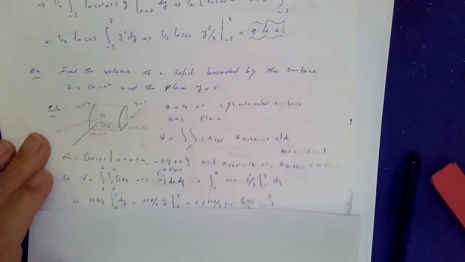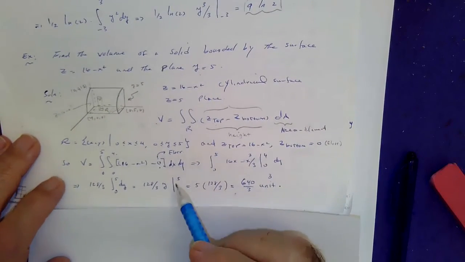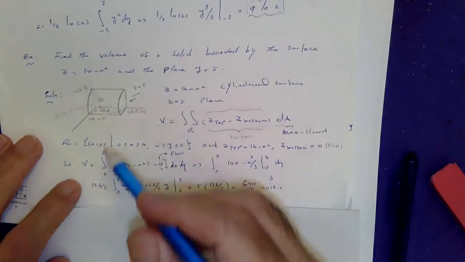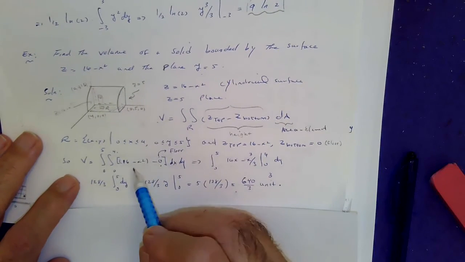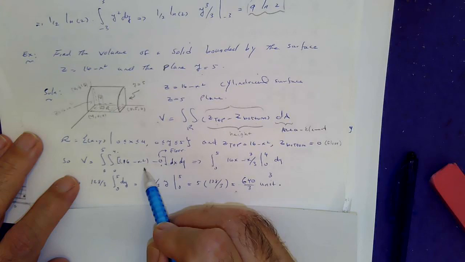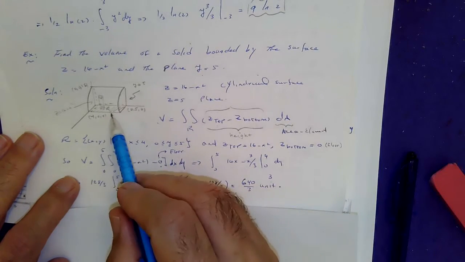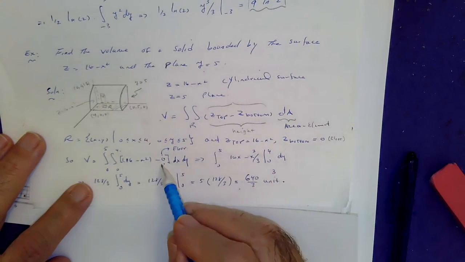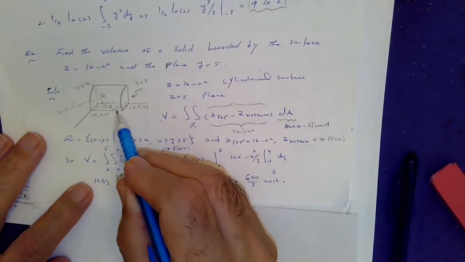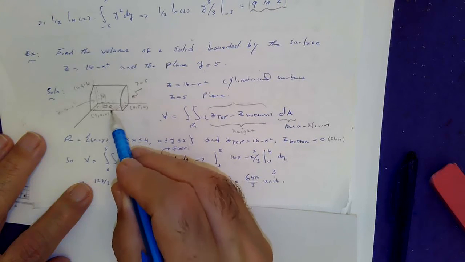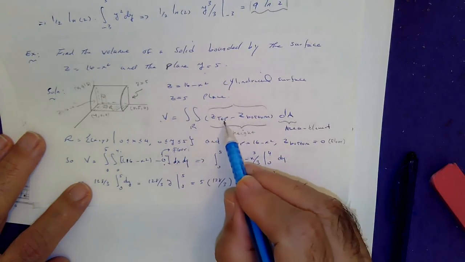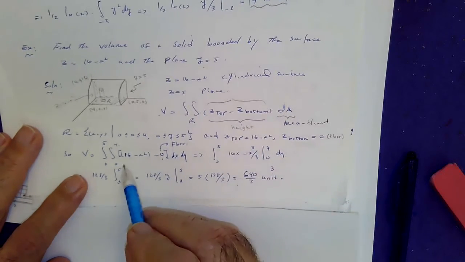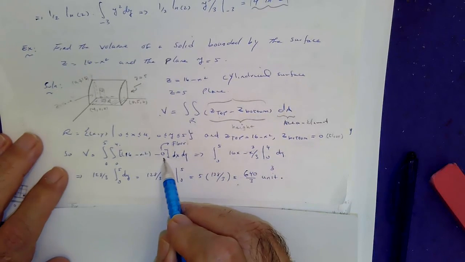Right? So guess what? Z top, the top surface, is this cylindrical surface, which is 16 minus x squared. The bottom is the floor, which happens to be 0. The bottom of the surface is sitting on the floor, so the bottom is 0. So z top minus z bottom is 16 minus x squared minus 0.